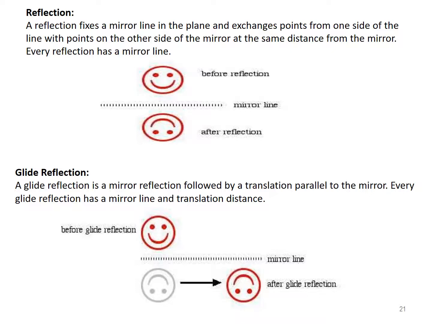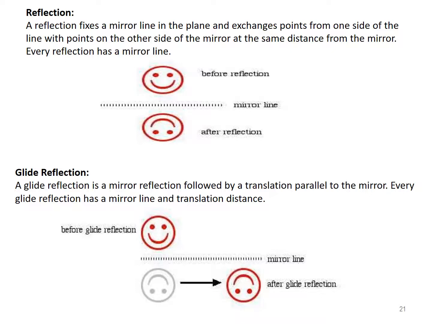Reflection. A reflection fixes a mirror line in the plane and exchanges the points from one side of the line with points on the other side of the mirror at the same distance from the mirror. Every reflection has a mirror line. Glide reflection. A glide reflection is a mirror reflection followed by a translation parallel to the mirror.